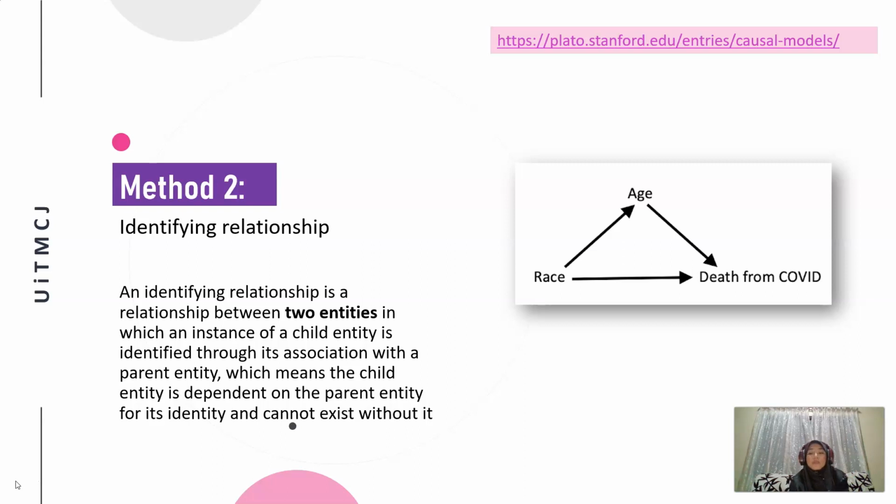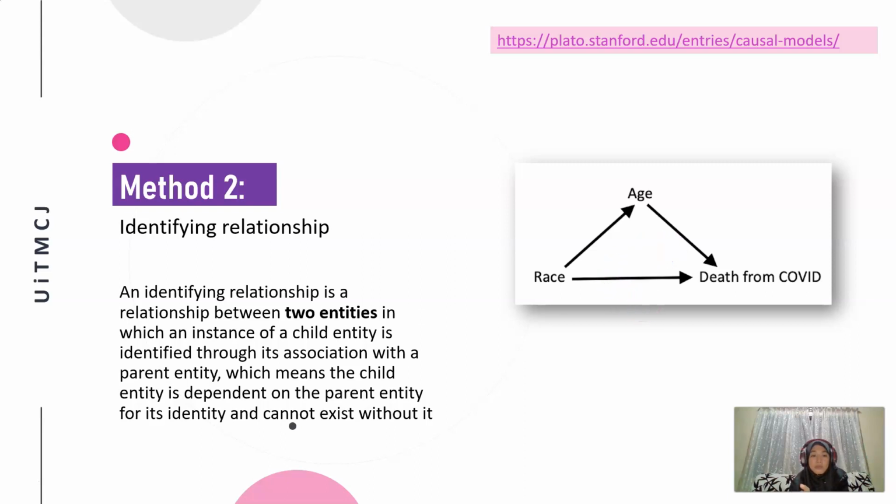For example, in this diagram, you want to know the death from COVID. What is the relationship from the entity age, and from the entity race, to the death from COVID? So this is method number 2 for critical thinking.